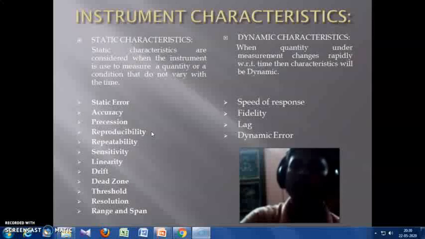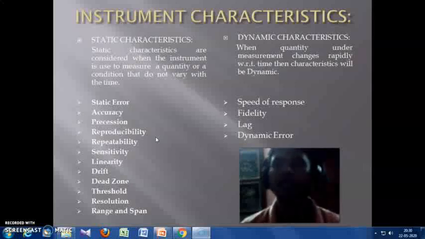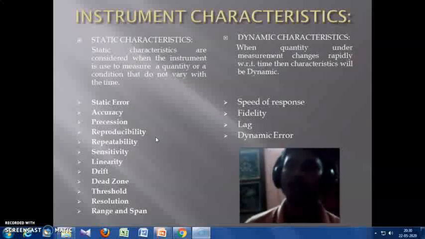And I already discussed the reproducibility of a particular instrument. Instruments should have good reproducibility, because whether we use the instrument now, one week later, or six months later, the value it reproduces should be equal or nearly equal. Next, the repeatability of an instrument should also be good.